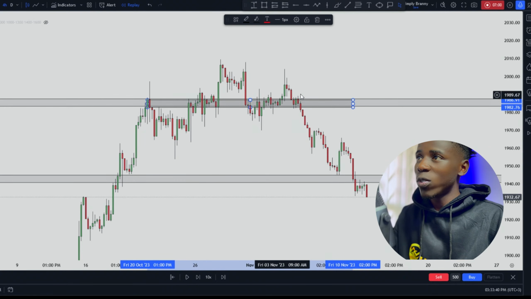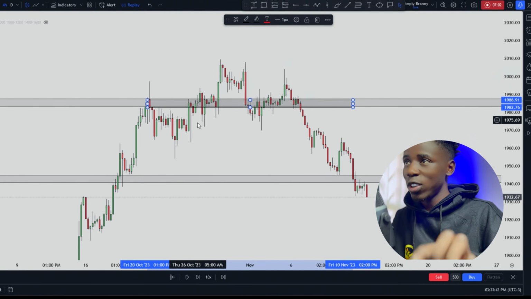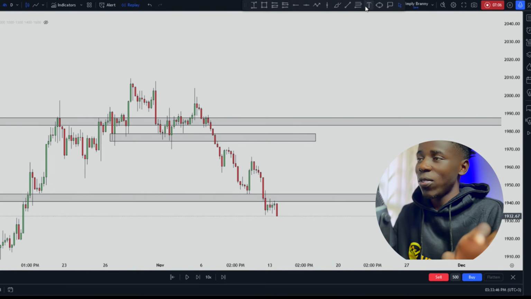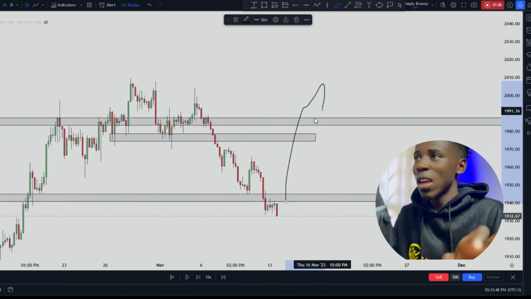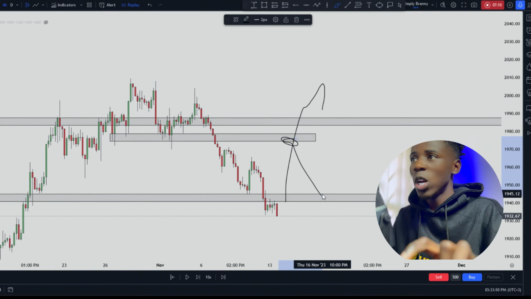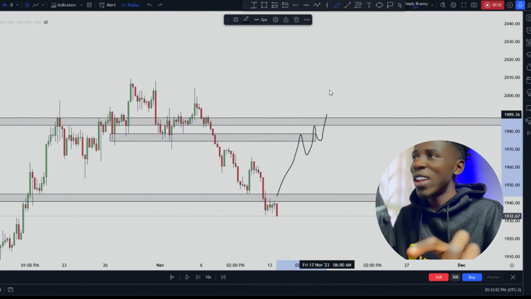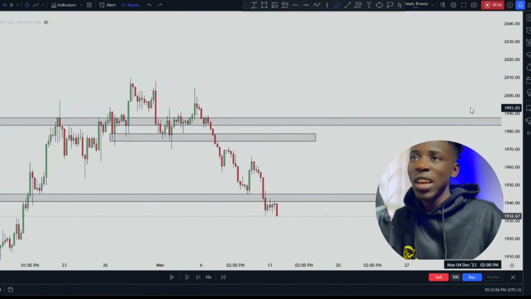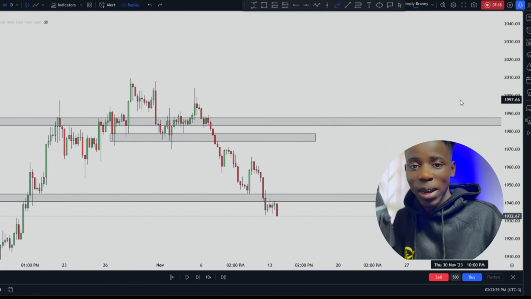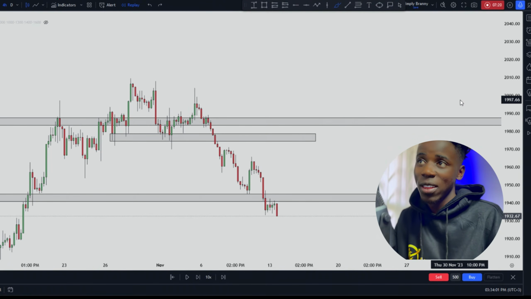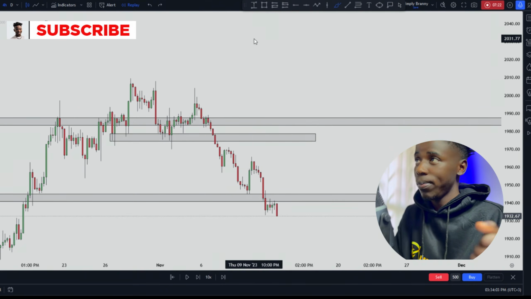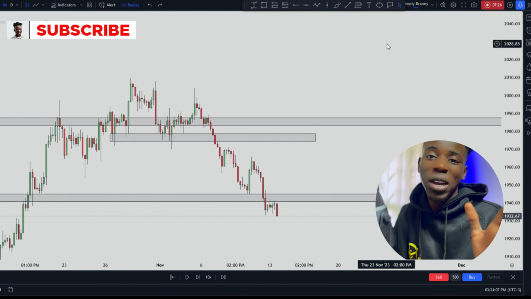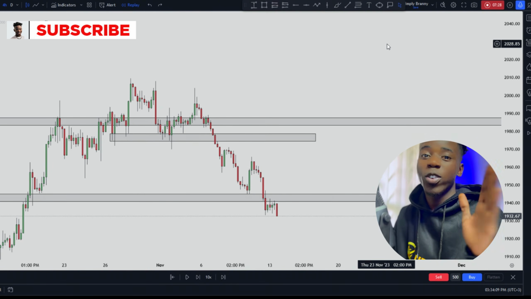You can say there was a lot of struggle, but this level is very fresh, which means in case the market rises, it will either bounce from here and drop down, or it will bounce from this zone and continue going up or consolidate. It depends on the market condition. There are many things that drive the market, but your job is just to stick to the plan and follow whatever the market tells you to do.